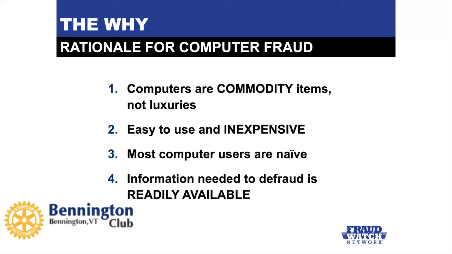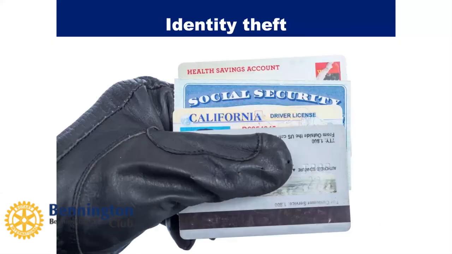So that's why I say many computer users, most, are naive because they don't know what that piece of equipment really does. All they know is how to do relatively few things. And then finally, the information that I would need to defraud you is right out there. It's on the internet.